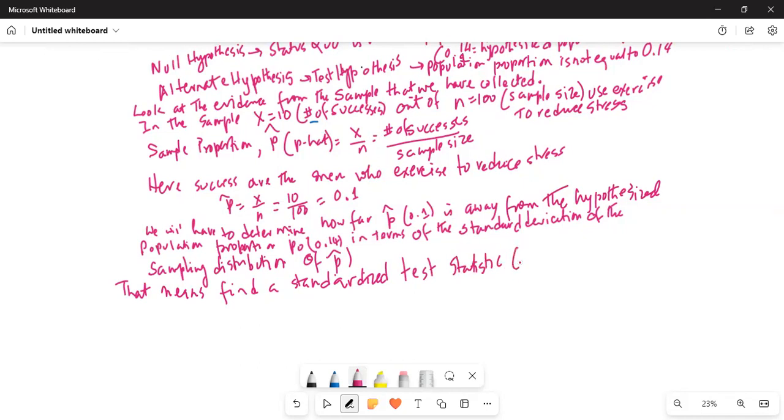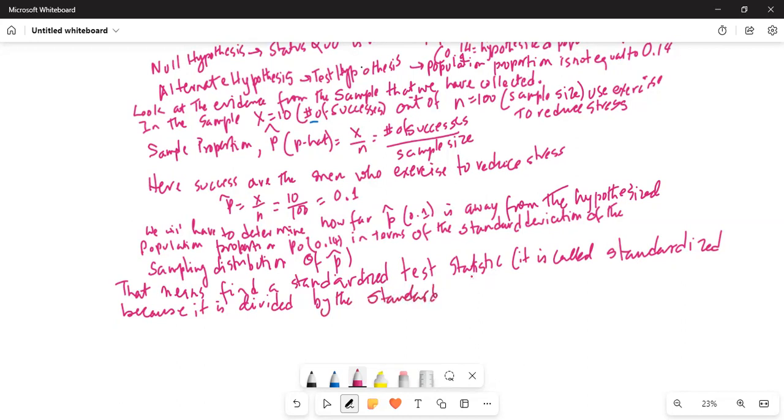It's called standardized because it is divided by the standard deviation of the sampling distribution of P hat, which is sample proportion.